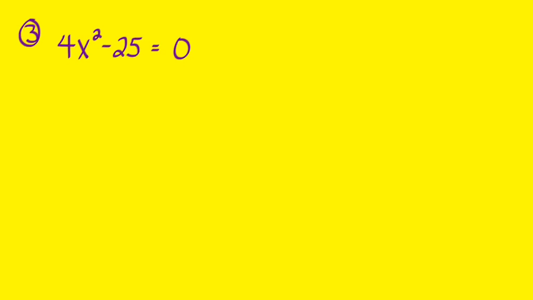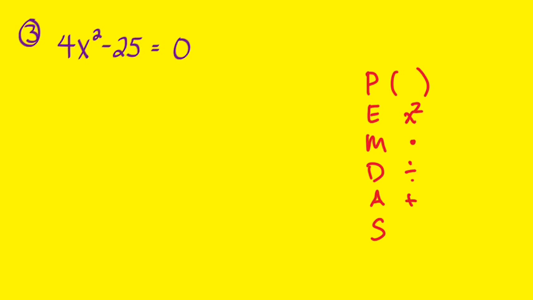Okay, so just let me remind you one more time that PEMDAS, the order of operations, right? We do parentheses, we do exponents, we multiply, we divide, we add, and we subtract when we are evaluating a side of an equation, right?